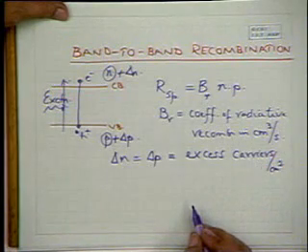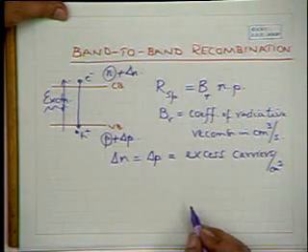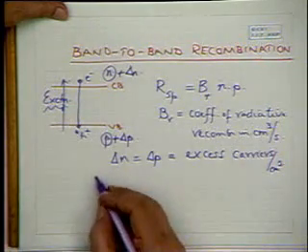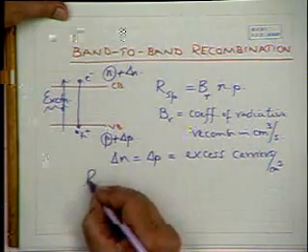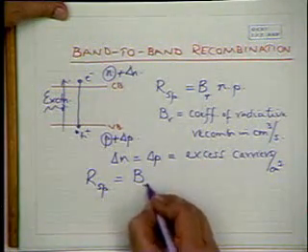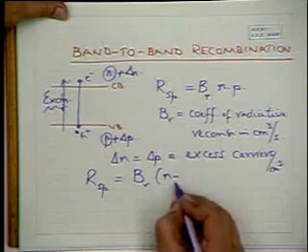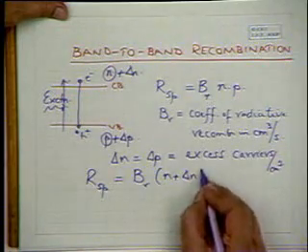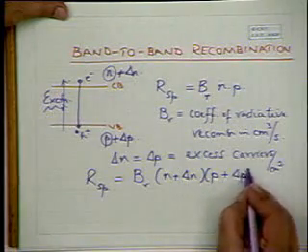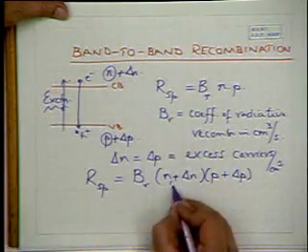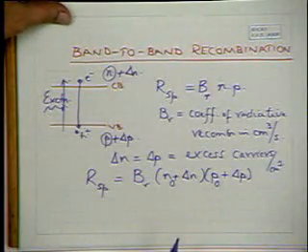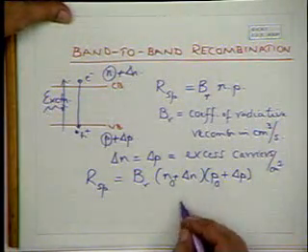Under this excitation, we have a non-equilibrium process, and under these conditions, the rate of spontaneous emission RSP is equal to Br into n plus delta n into p plus delta p, where let us say that in equilibrium n is equal to n0 and p is equal to p0. And we have assumed that delta n is equal to delta p.